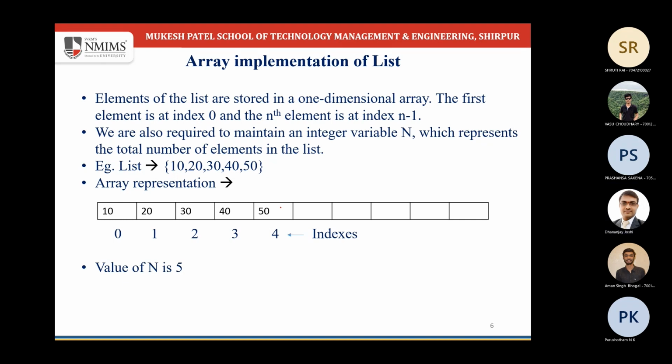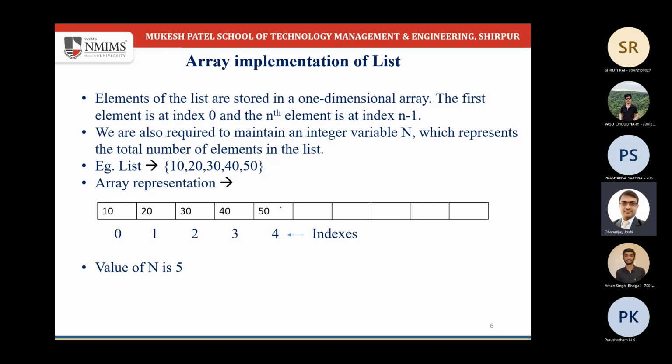So we maintain the total number of elements because an array is a static allocation, and we will be discussing the pros and cons of static allocation. Since an array is static allocation, we need to declare an array of sufficiently large size. Suppose we are working on a list and we assume that at maximum it may have 100 elements.